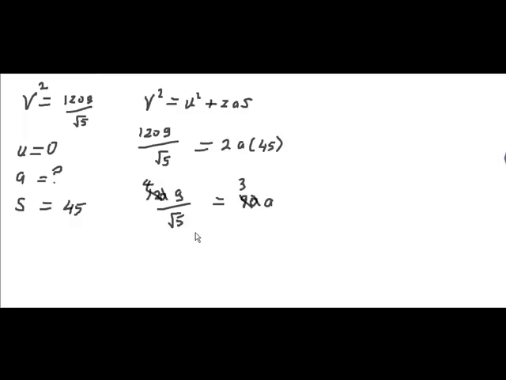So you've got a equals 4g over 3 root 5 meters per second squared. So that's part 1 of the question done.